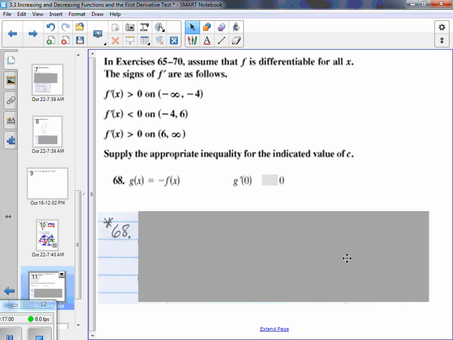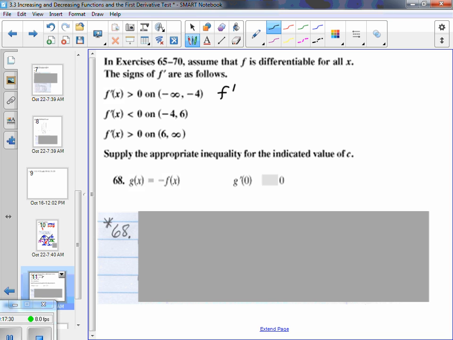In exercises 65 through 7, assume that f is differentiable for all x. So the derivative never does not exist. We can have f prime of x equals 0, but we're never going to have f prime of x not exist. The signs of f prime are as follows. f prime of x is greater than 0 on the interval from negative infinity to negative 4.